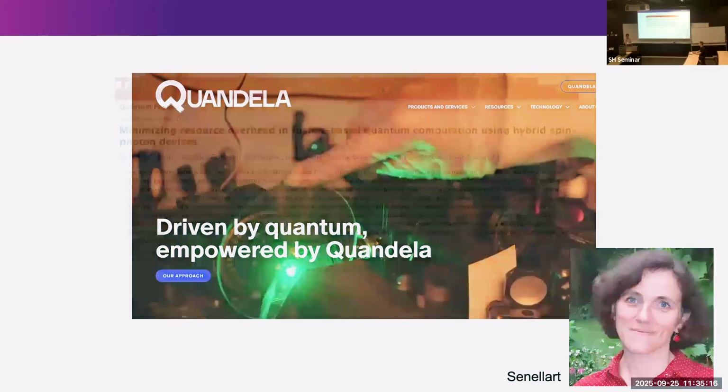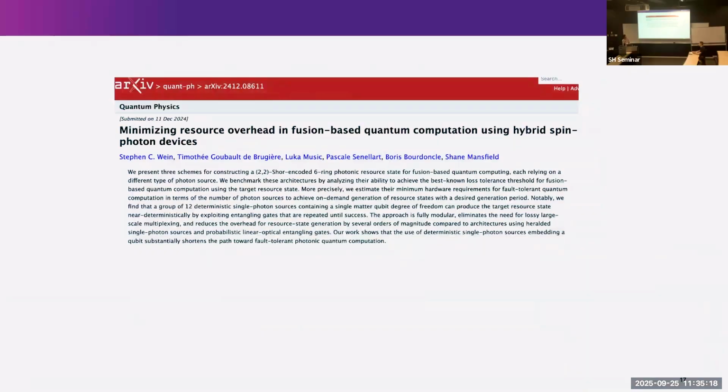In particular, not recently, but in December, they put out this paper where they also do fusion-based quantum computing, but they do it with hybrid spin photons, because a quantum dot is a nice condensed matter system. It's that artificial atom, right? So you can have spin there as well.